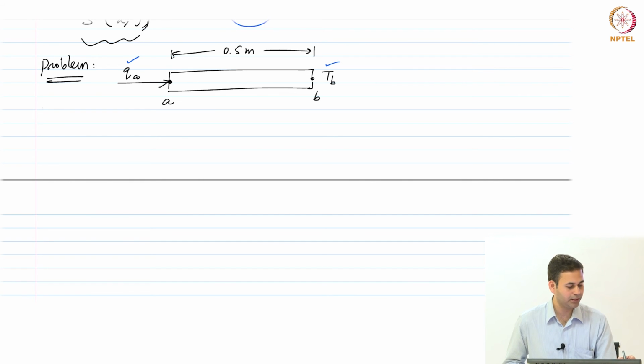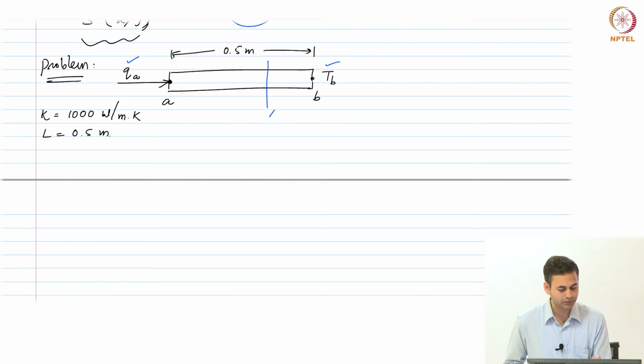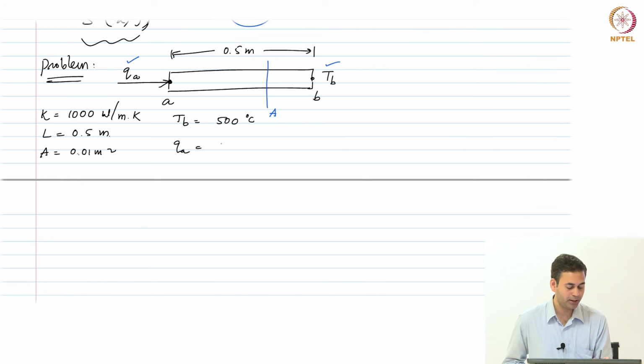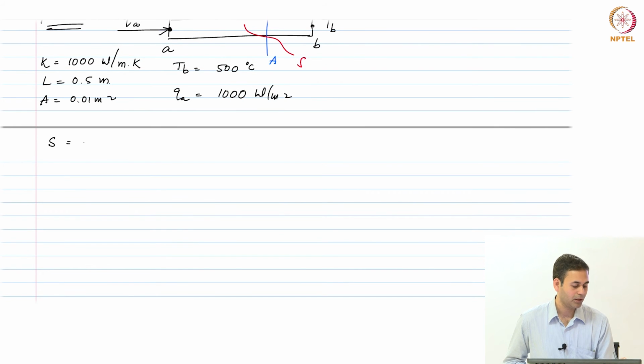Let us say the thermal conductivity is 1000 watt per meter Kelvin, length is 0.5 meters, and the cross-section area A is 0.01 meter square, and let us say the temperature TB is around 500 degrees Celsius, and the heat flux QA is, let us say, 1000 watt per meter square, and let us also introduce a source term S, and this S is given by 500 minus 30 T. That is a linear source term.